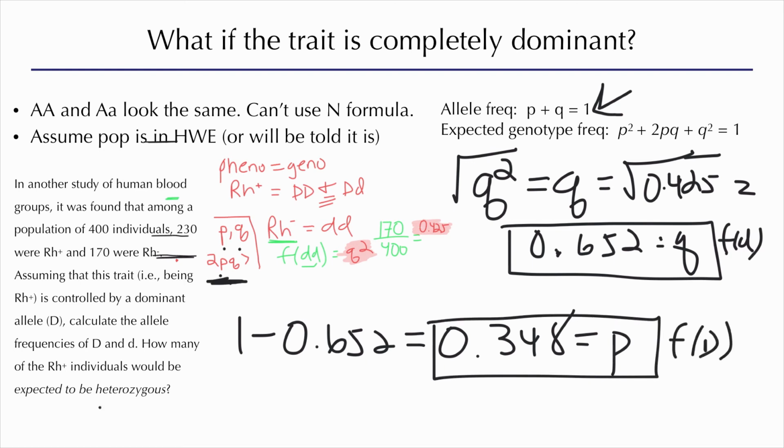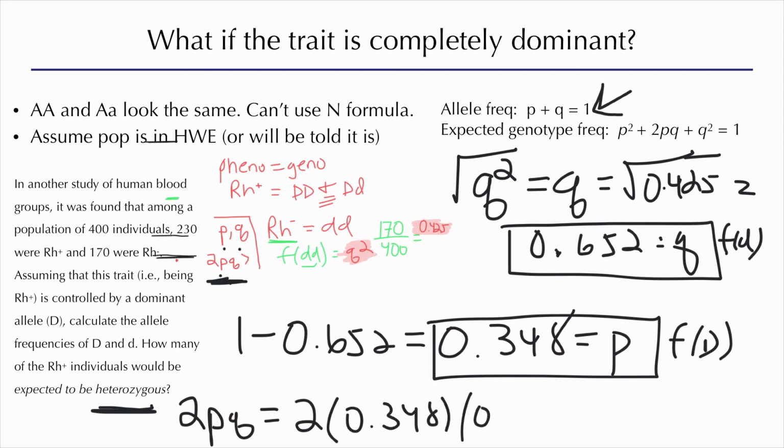Now they want to know what is the expected number of heterozygotes. So first we have to figure out the frequency. That's going to be our 2pq equals, now we have it, 2 times p times q, and that equals 0.454.